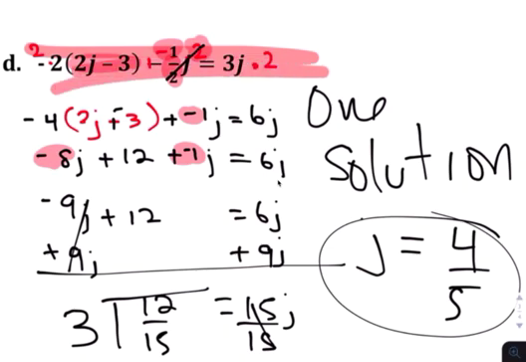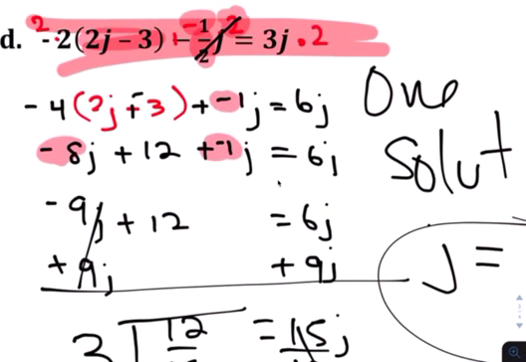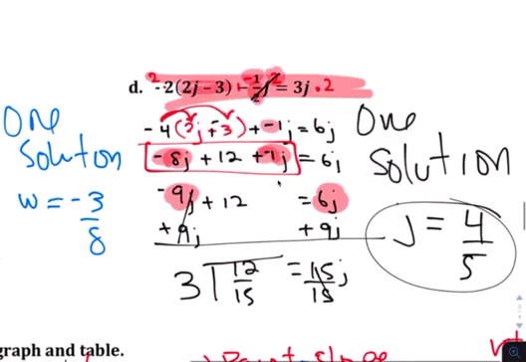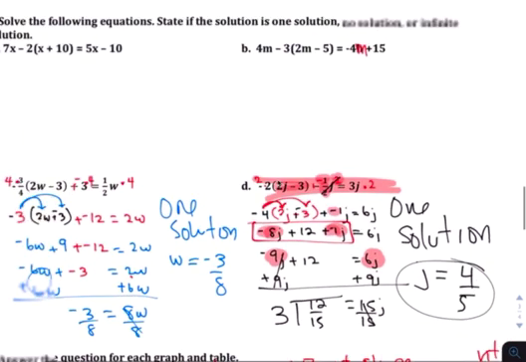Use calculators if you can't cross cancel. And then you distribute here, you get this answer. And then you combine these two because they're alike to get this 9j. Now make the 9j equal to 0 because that's the same as the other side. And then you solve it and then reduce. Always reduce if you can, and it's called one solution.